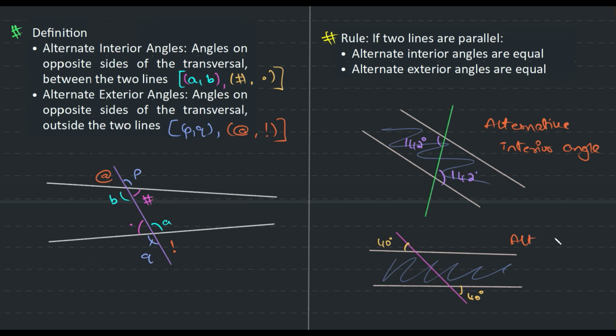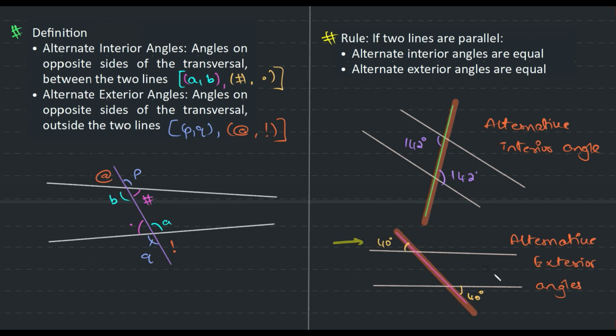And this is the alternate exterior angles that we are considering. Okay. Next. Why are they alternate? Well, if you consider the transversal line, we can see that they are on opposite sides. Left and right. Left and right. They are on opposite sides, and so they are alternate.